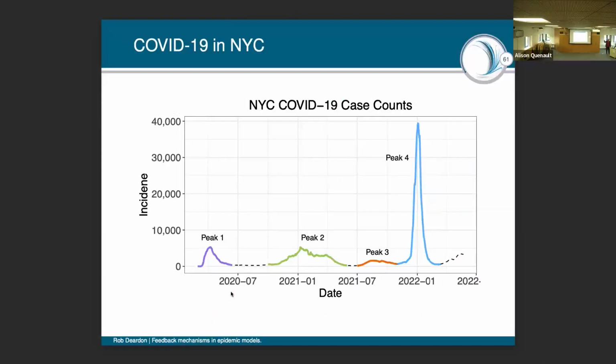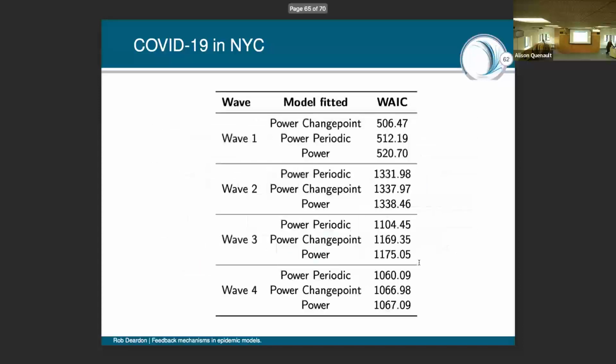And then, of course, the other thing that we can do is try and fit these models with the fatigue mechanism, the adherence, to that original COVID data. So I've gone back to the New York data and the 4 peaks. First off, which model seems to fit best? The power one refers to an alarm function with no adherence, and then the periodic and the change point are the two adherence functions.